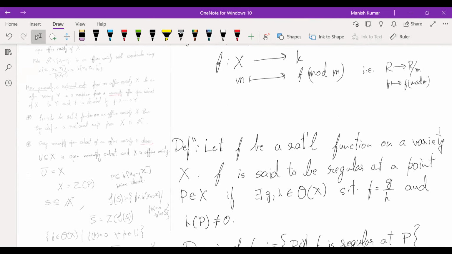So now if you are given a rational function on a variety X, then f, as we know, is not defined on the whole of X, but is defined on most points of X, at least in the examples we have seen.